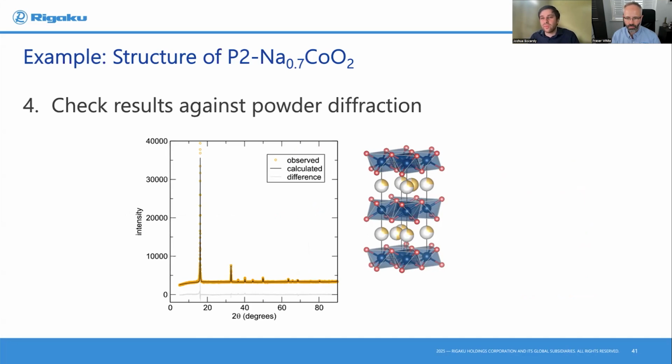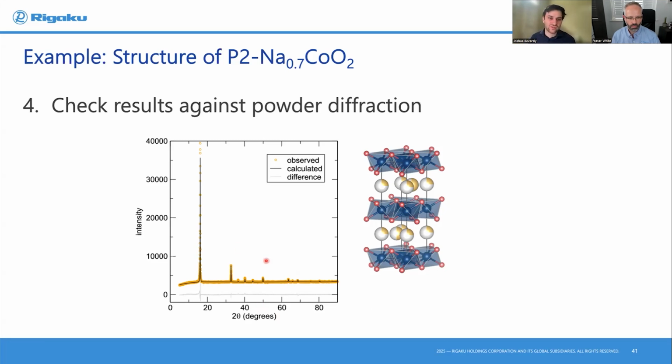But if we're looking for the bulk structure, we'd like to take the model that we get from TEM or from micro-ED and at least verify that it matches the powder diffraction. So we have a sense that it is at least consistent with the bulk. As we said before, the powder diffraction may not be sufficient to solve all the details of the structure, but we can at least make sure that our micro-ED solution that we picked out of one particle is at least consistent with the bulk.